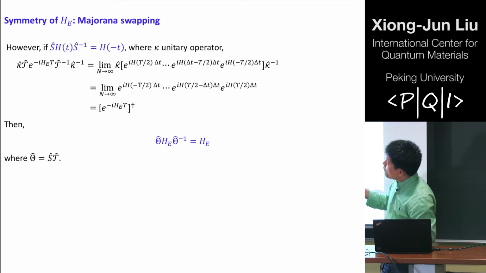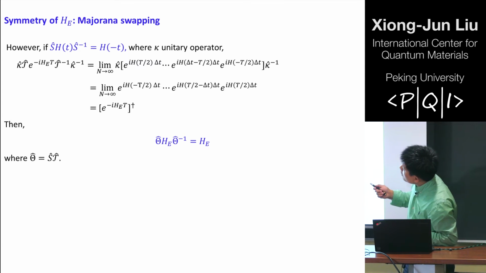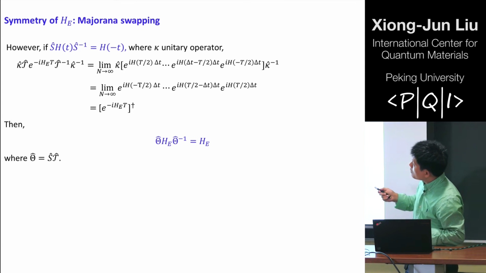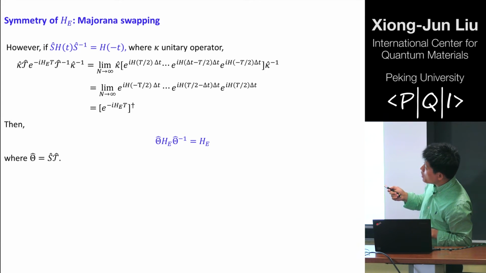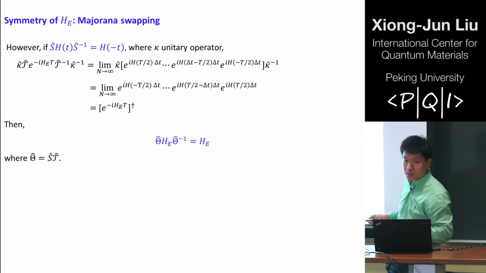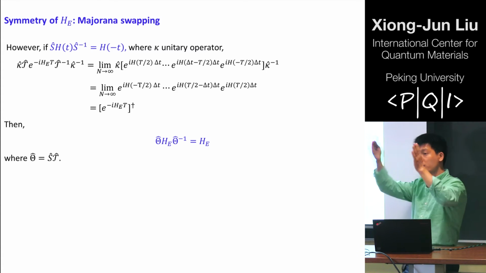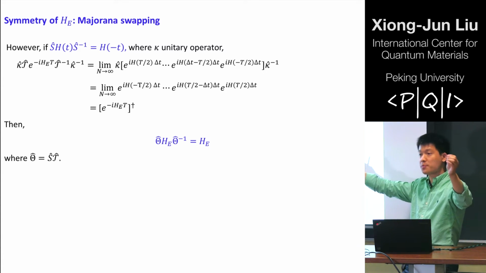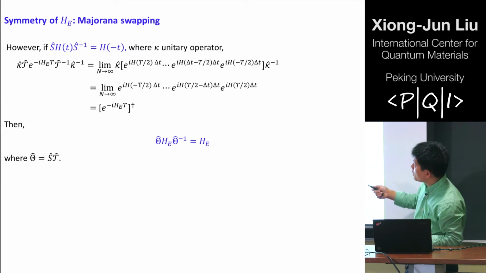Actually, we find that suppose we have what we call a Majorana swapping symmetry. This symmetry transfers H(t) to H(-t), and based on this transformation, S also transforms the Majoranas from the left side to the right side, the two Kramers pairs, 1 and 2, 1 tilde and 2 tilde. So I should write this down here.